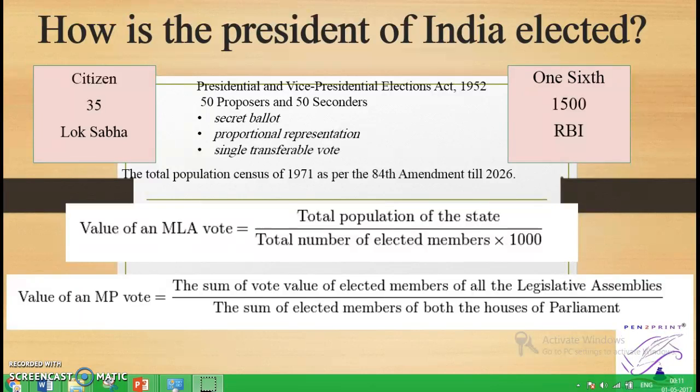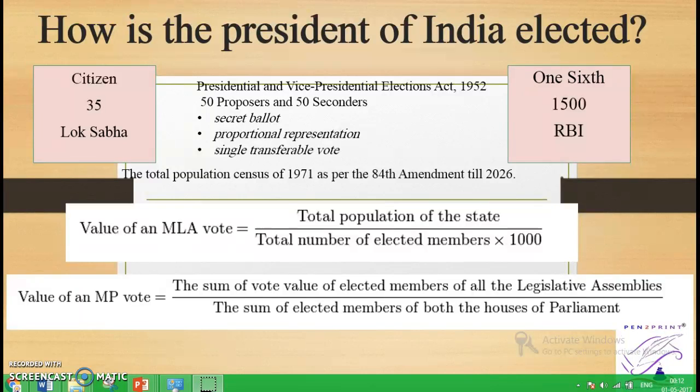And there is a provision that if the candidate does not secure 1/6 of the vote, then he will have to pay a fine of 15,000. For contesting the election, one candidate has to deposit 15,000 in the RBI, Reserve Bank of India, as a guarantee amount, which will be forfeited if he does not secure 1/6 of the vote.